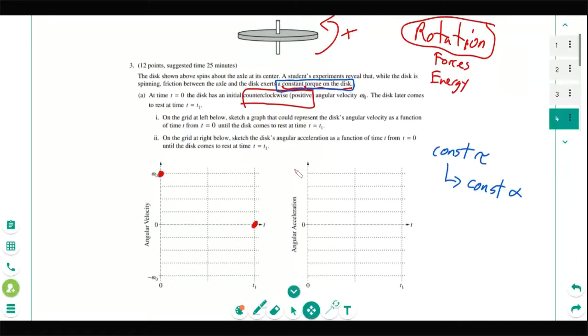And a constant acceleration means, yeah, it's a delta V, or sorry, delta omega over t is constant. This should be linear. All right, so we're expecting this to be perfectly linear with a negative slope.